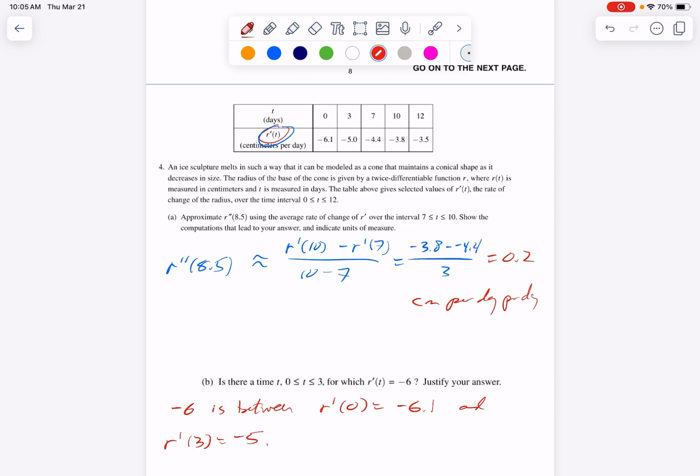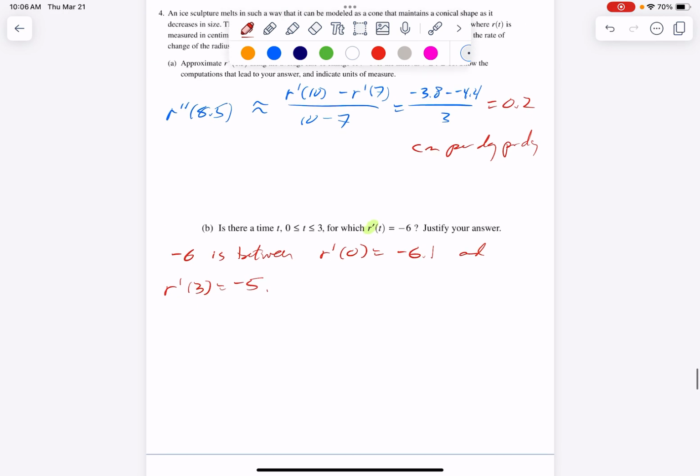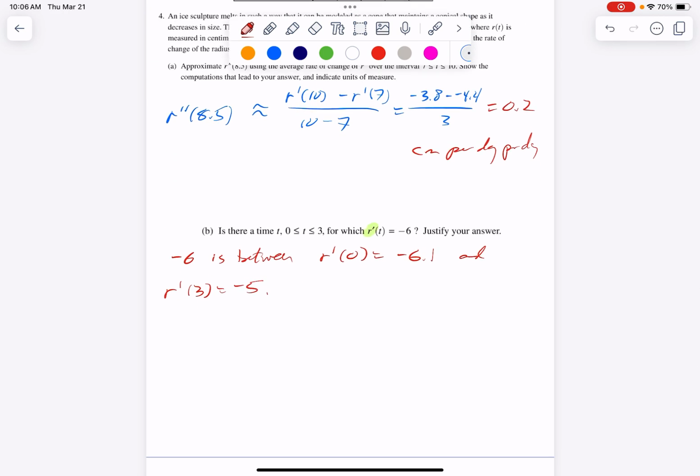Now, the intermediate value theorem only applies to continuous functions. Do we have enough information to conclude that r prime is continuous? So we are told that r is twice differentiable. So let's really spell that out. Don't lose points. Say what you know. So we know r is twice differentiable.